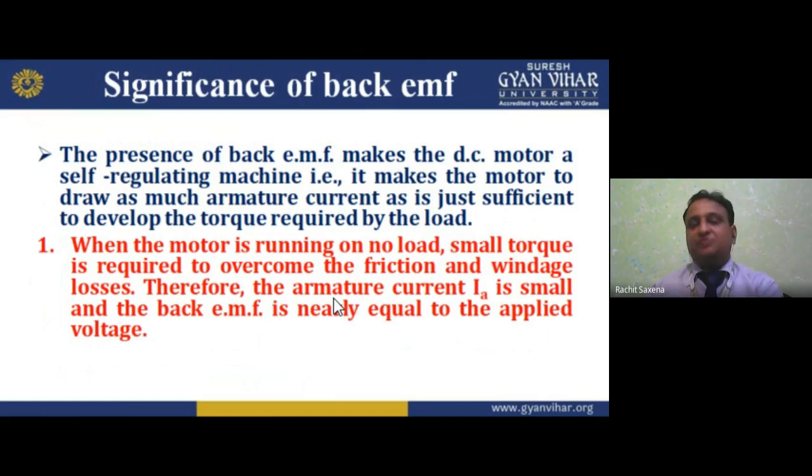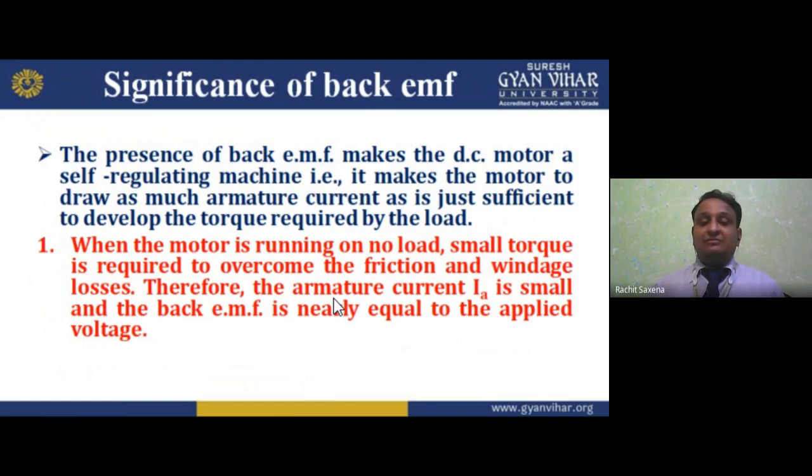Now, when the rotor is running on no load, means no mechanical load is connected, a small torque is required to overcome the friction and windage losses. Therefore the armature current Ia is small and the back EMF is nearly equal to the applied voltage.